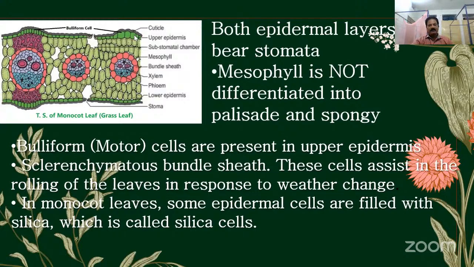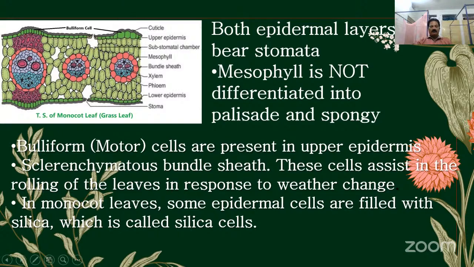The leaves are very sharp because of the presence of silica granules in some of the epidermal cells. You will get scratches if you walk in the sugarcane field with a bare body. Those scratches are because of the silica.